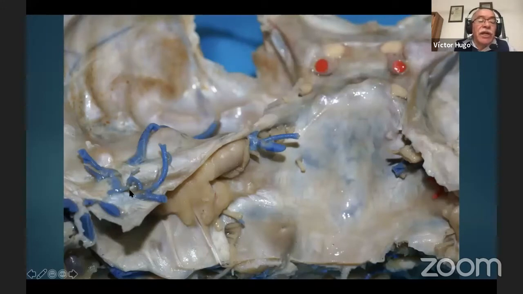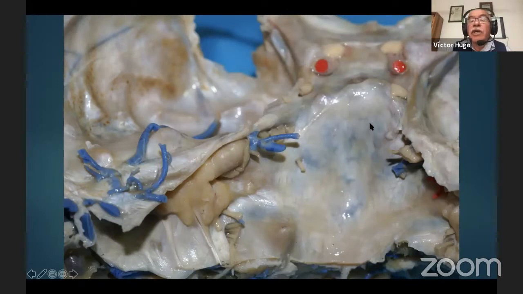This is really an interesting feature of venous drainage, because if you are going to make, for example, an anterior petrosal or presigmoid approach to the petrosal region, you need to be very careful because we can damage these veins, and we could have a disaster in the postoperative or the intraoperative surgical procedure.